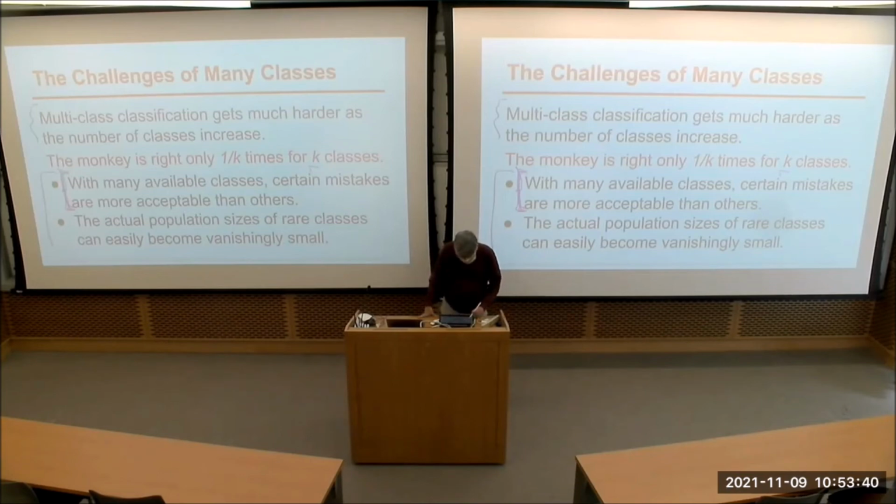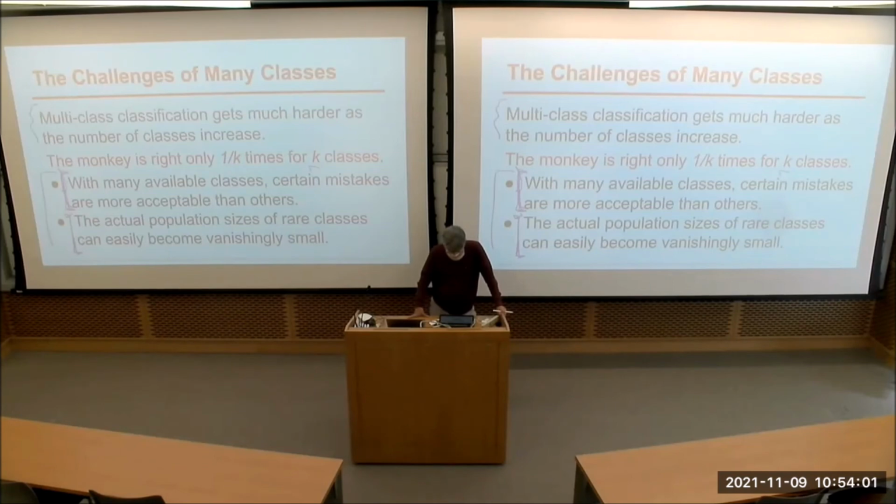The other problem that comes up with multi-class classification is that if you break the world into 1,000 different classes, usually there's some kind of, I won't say power law thing, but it's often the case that rare cases become very, very unlikely to happen.